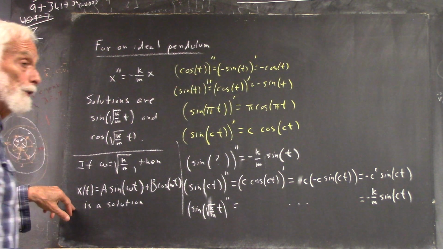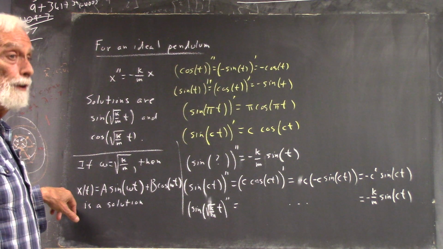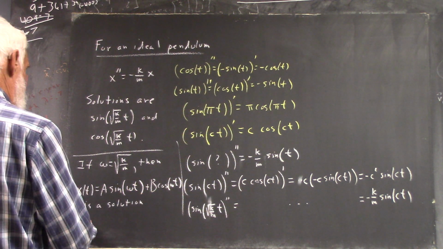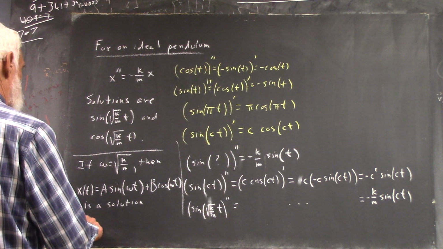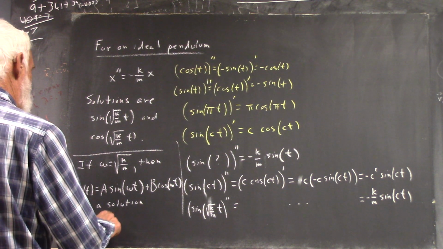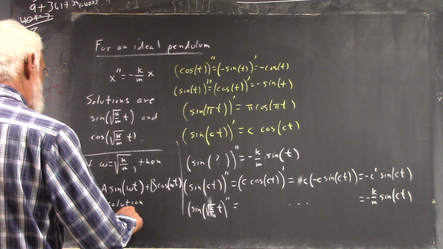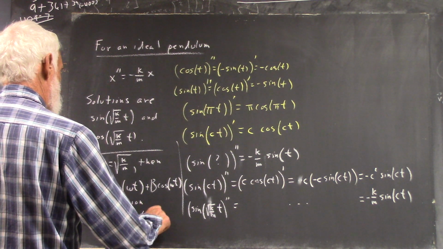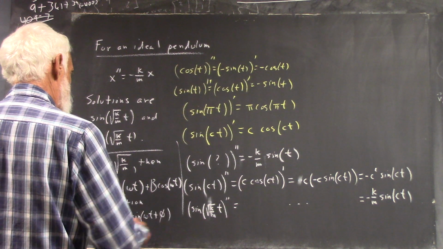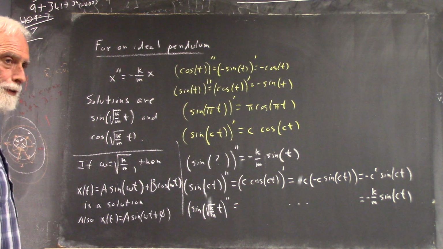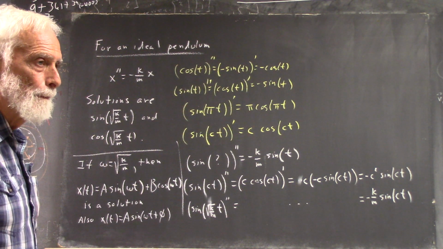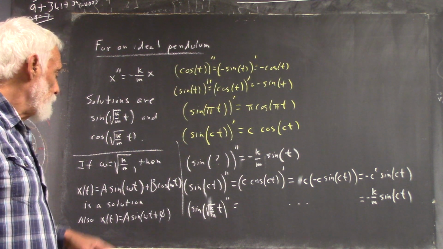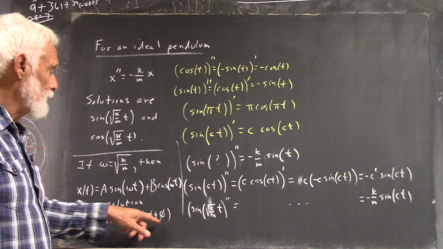Now, one more comment. This is a solution, and it's the only possible solution. I say it's the only possible solution, except this is also a possible solution, because you have a formula for the sine of the sum of two things.